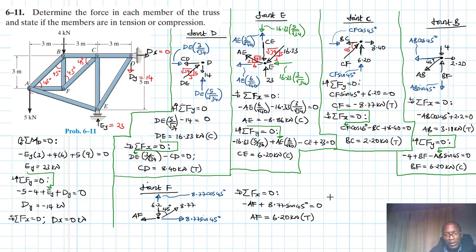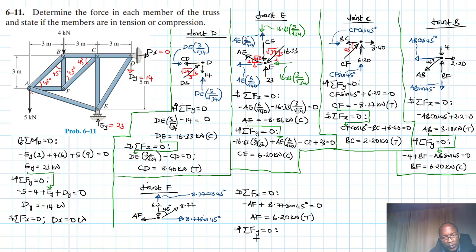We can prove the other one, which is summation of forces in the Y. It must equilibrate with the other component. We are just proving this. This is supposed to equilibrate.